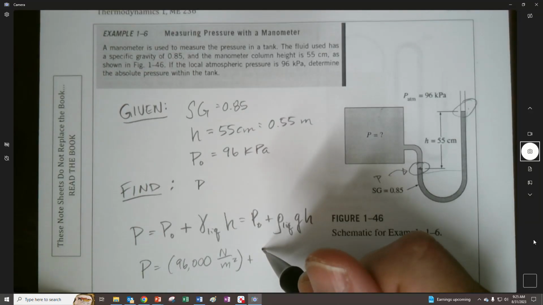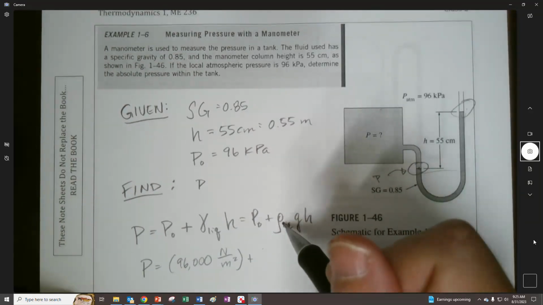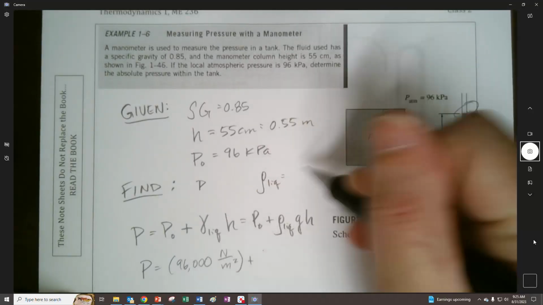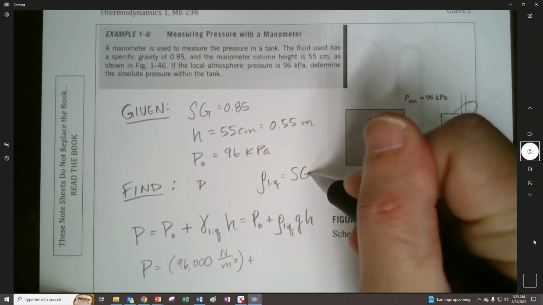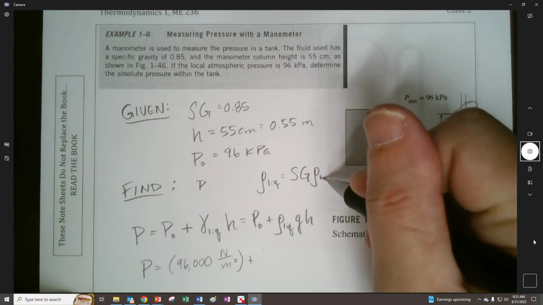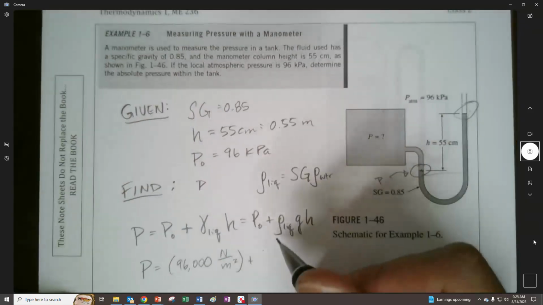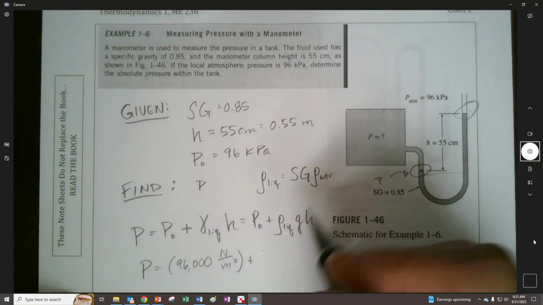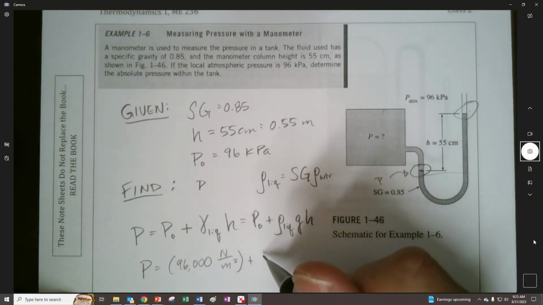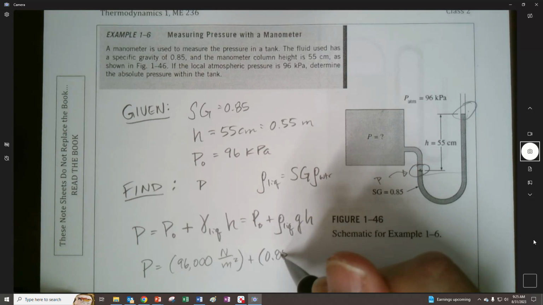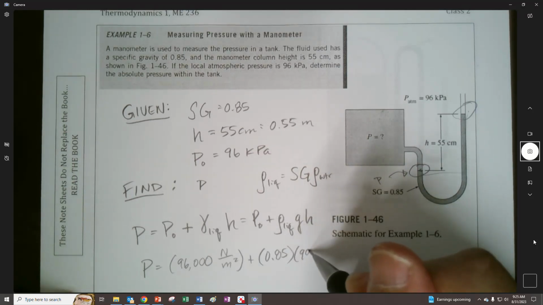But anyway, when we want the density of this liquid, we'll write it up here. The density of the liquid is going to be the specific gravity times the density of water. It'd be standard water at standard temperature, which I think should be 1,000. These people said 999, so I'm going to go with the 999. I guess maybe I'll concede. Sure, why not? It's not like it matters that much to me.